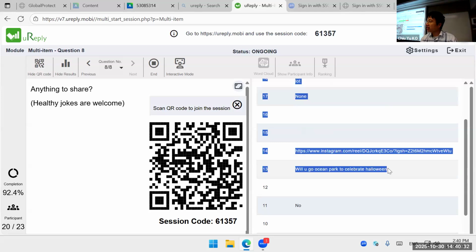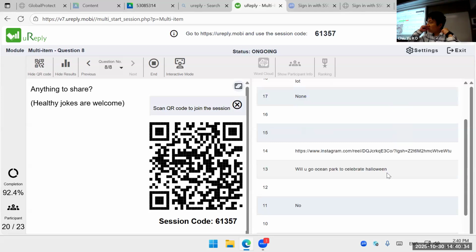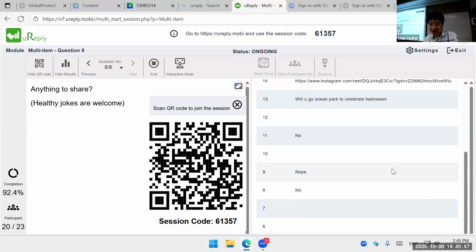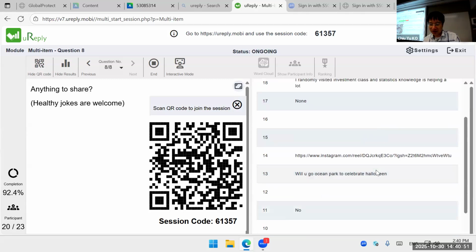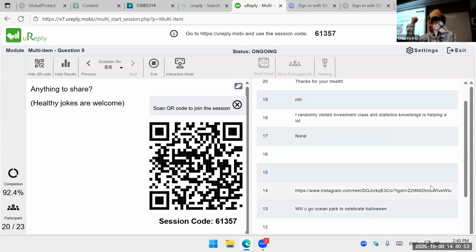I went there already. So go to Ocean Park, which is pretty fun. I recommend you go, especially the one on top of the mountain. The top one is very nice. The bottom one is also okay. I still remember one of the attractions in Ocean Park. Oh, I remember: Trust Your DNA.